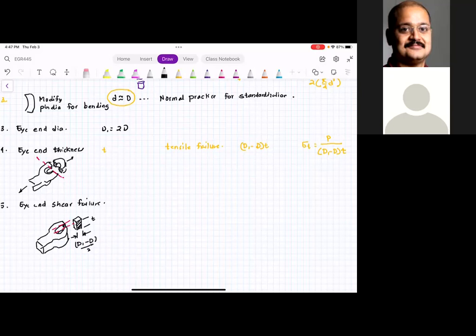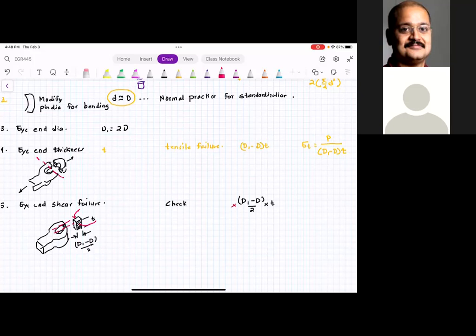So these are the two main important differences in the failure. We already have the dimensions, so we have to check for shear failure. The area is (D1 minus D) divided by 2 multiplied by T. But please note that there are two areas, one area this side, and there is another area on the back side.